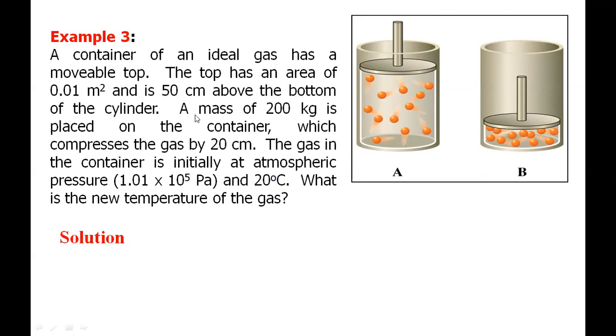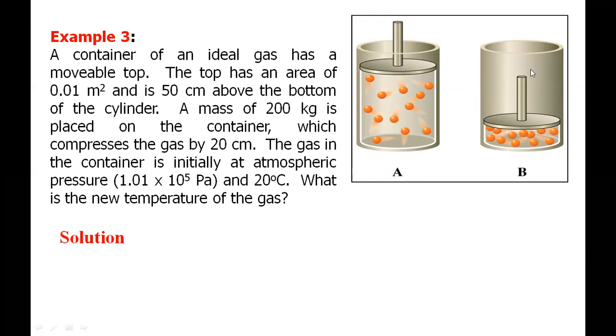And a mass of 200 kilograms is placed on the container. So we have a mass of 200 kilograms, we put it on top of the piston, which compresses the gas by 20 centimeters. So the gas is compressed from here to here, 20 centimeters.